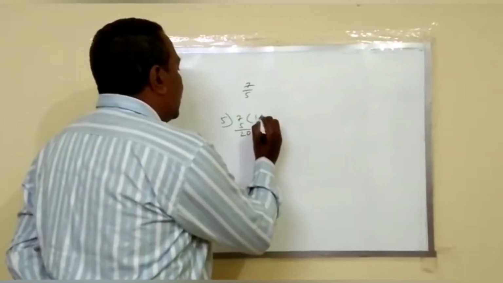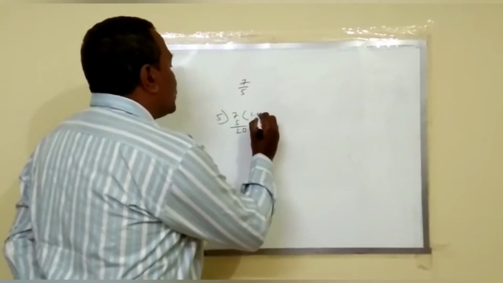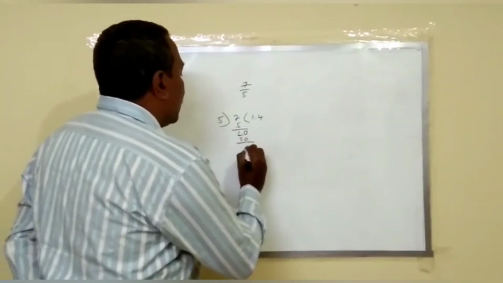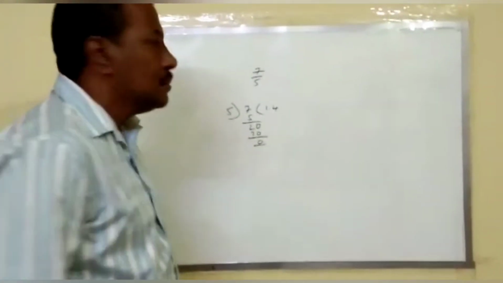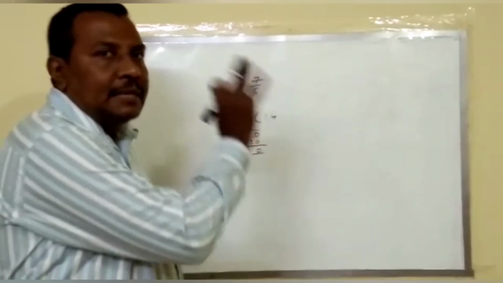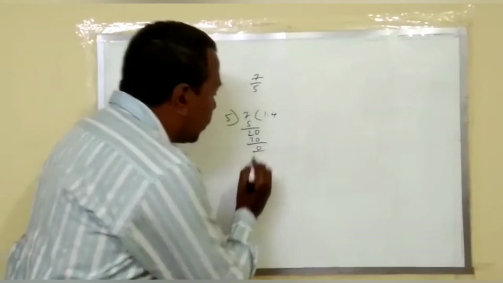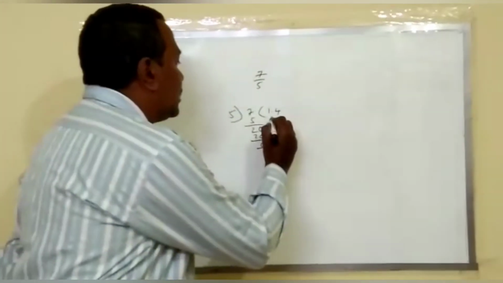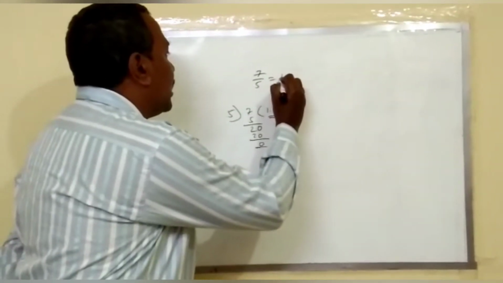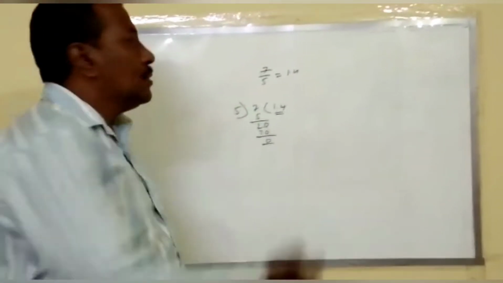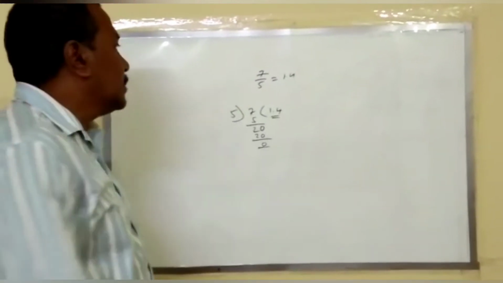That becomes 20. 5 4s are 20 and the remainder is 0. That means the division ends. If you get a remainder 0, there the division ends. And this is the final quotient. You can write it as 1.4.